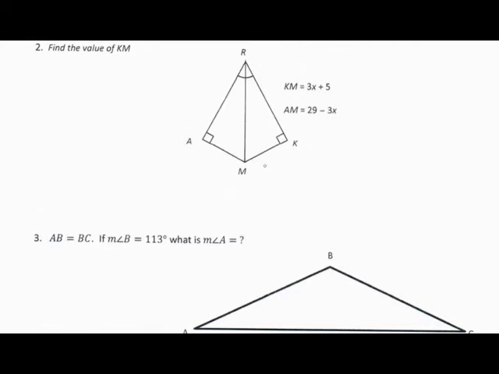So since we know that 3x plus 5, 29 minus 3x, and we know that this angle controls that side, and this angle controls that side, these two segments are going to be equal, just by that idea of opening a door.